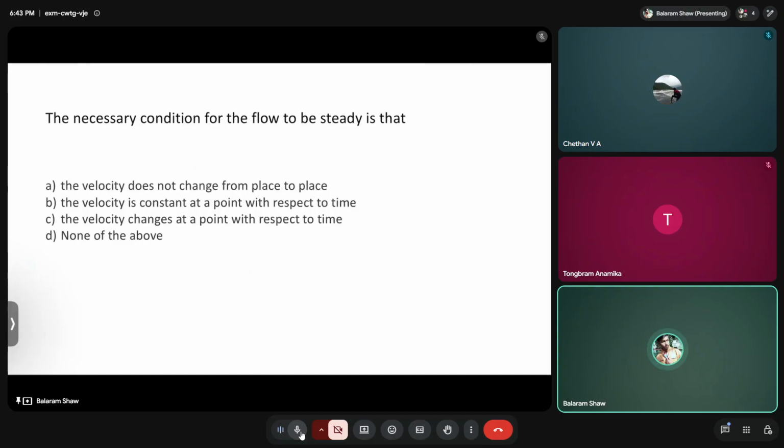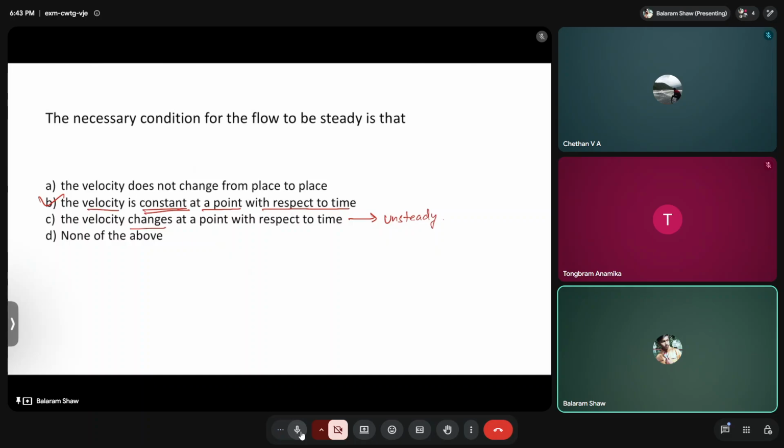So we discussed, right, that if we consider one single point in the fluid flow and the velocity does not change with respect to time, then we call that steady flow. So the correct answer here will be B. Here you see the velocity is constant. This means it does not change at a point with respect to time. If you consider option C, that the velocity changes at a point with respect to time, we call that unsteady flow, right? Okay, so the correct answer is B.